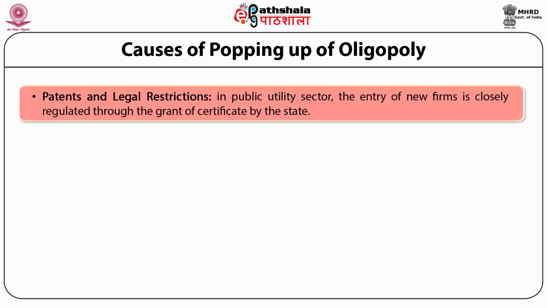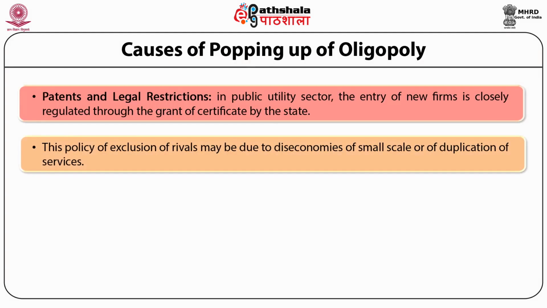Patents and legal restrictions. In public utility sector, the entry of new firms is closely regulated through the grant of certificate by the state. This policy of exclusion of rivals may be due to diseconomies of small scale or of duplication of services.